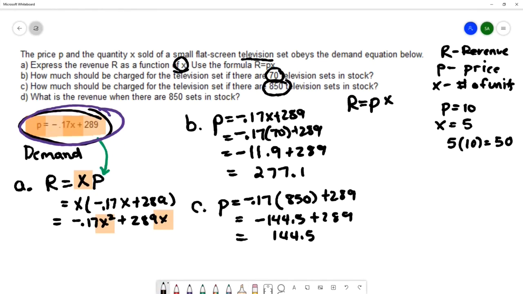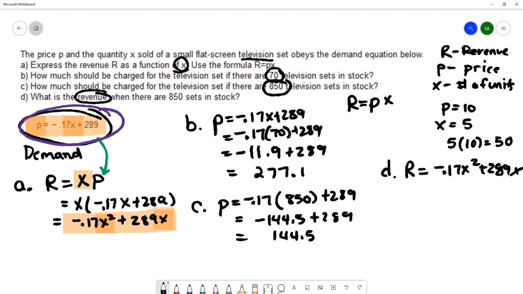And then in part D it says, what is the revenue when there are 850 sets in stock? Because this time it's asking for revenue, I'm going to use the function that I constructed in part A. This stands for revenue. We'll use R equals negative 0.17x squared plus 289x.